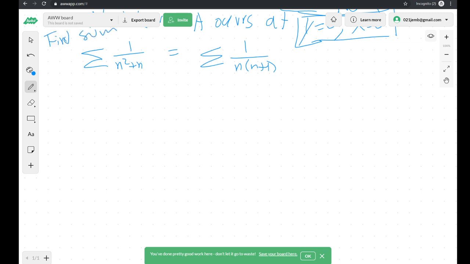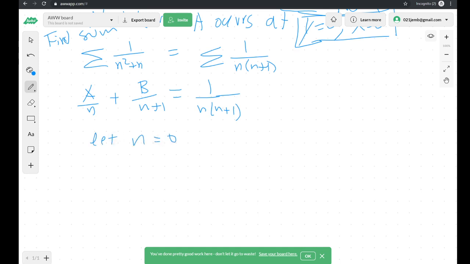Find the sum. Now, we use partial fraction decomposition, and then we say that a over n plus b over n plus 1 equals 1 over n times n plus 1. Then we let n equals 0, right?